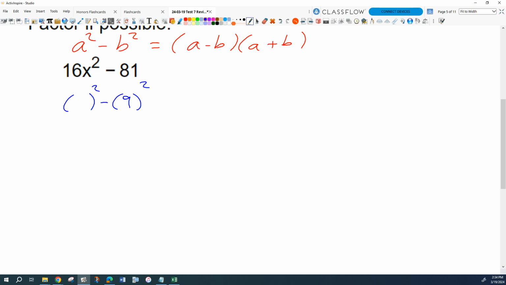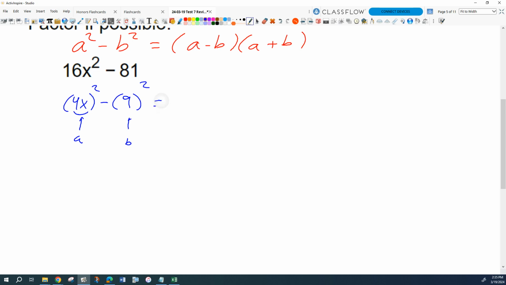What would the a be? What thing could I square to get my first term? Not 8. 4x. That's it, because I've got to get both a 16 and an x squared, so I've got to square 4x. That is my A, that whole thing, and this is my B, and I just follow the pattern.